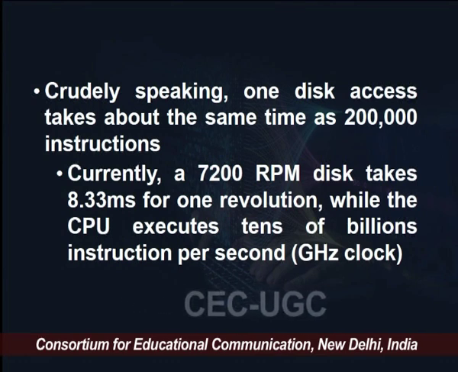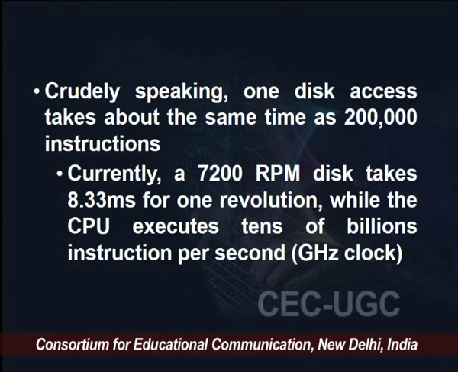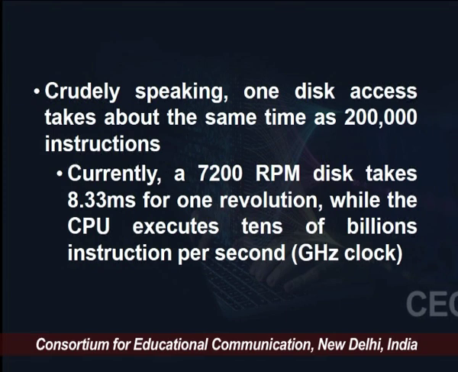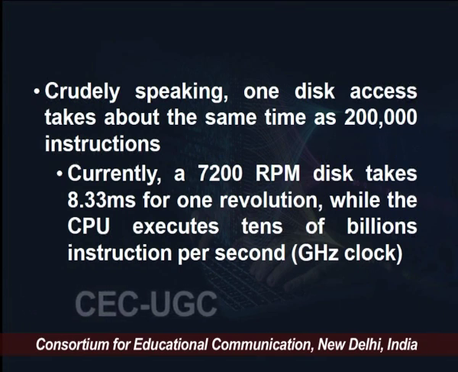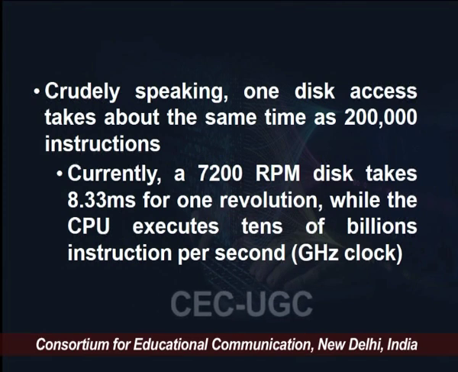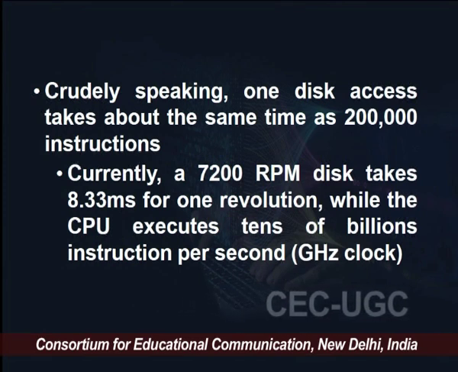Just now we saw a speed of 3600 rotations per minute. Now let us consider the speed is 7200 rotations per minute for a disk, and then it is going to take 8.33 milliseconds for one revolution. While if we talk about CPU execution speed, it is going to execute billions of instructions per second when I am talking about a gigahertz clock.